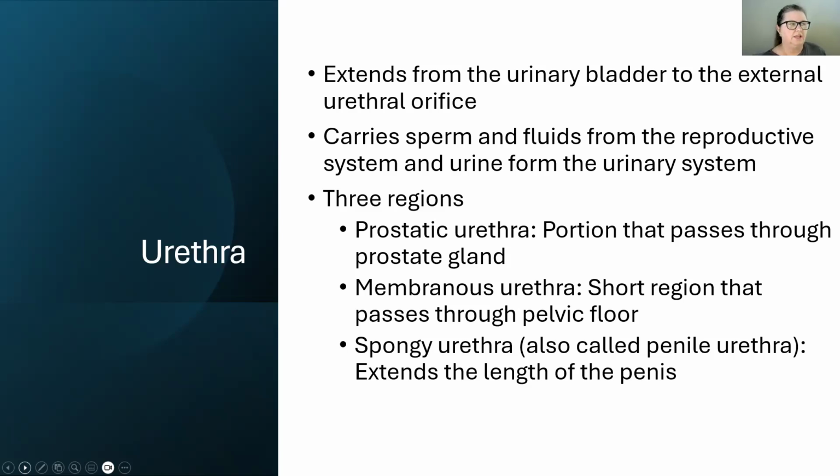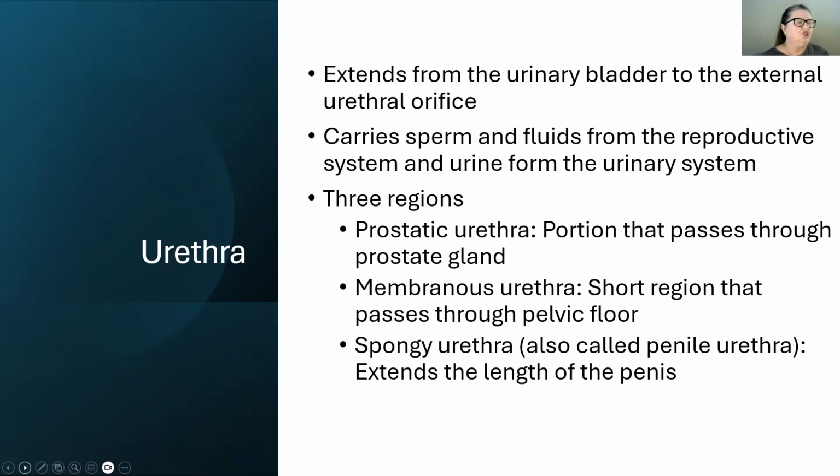The urethra is, just as a refresher, the tube, so to speak, that extends from the urinary bladder to the external urethral orifice, which is at the end of the penis. For reproductive purposes, it carries sperm and fluids from the reproductive system. For urinary purposes, it carries urine from the urinary system, or from the bladder in this case.